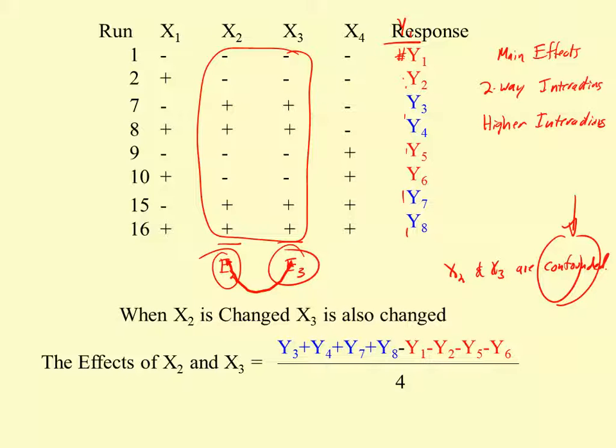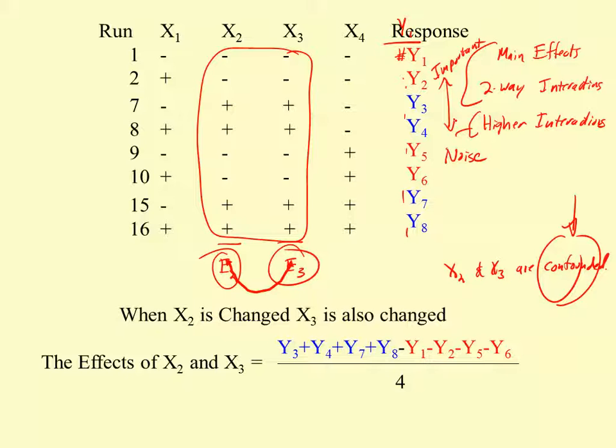What Aiden is saying is these guys are important, right? They really could be doing something. These guys are almost always just noise. So if we are stuck with confounding, what we really ought to try to do is set about managing this confounding so the important things are hopefully only confounded with the unimportant things.